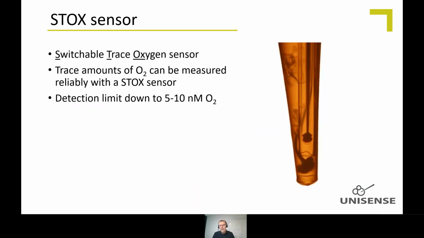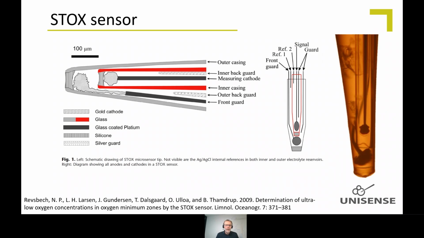Then I'll talk a little bit about the STOX sensor, which is the switchable trace oxygen sensor that can get detection limits down to 5 to 10 nanomolar of oxygen. And this is really important, as I will show in some studies. Briefly mention how it works. It's actually two sensors in one. The inner sensor, which is in red here, this is the outer glass, and the cathode here, that is the measuring sensor.